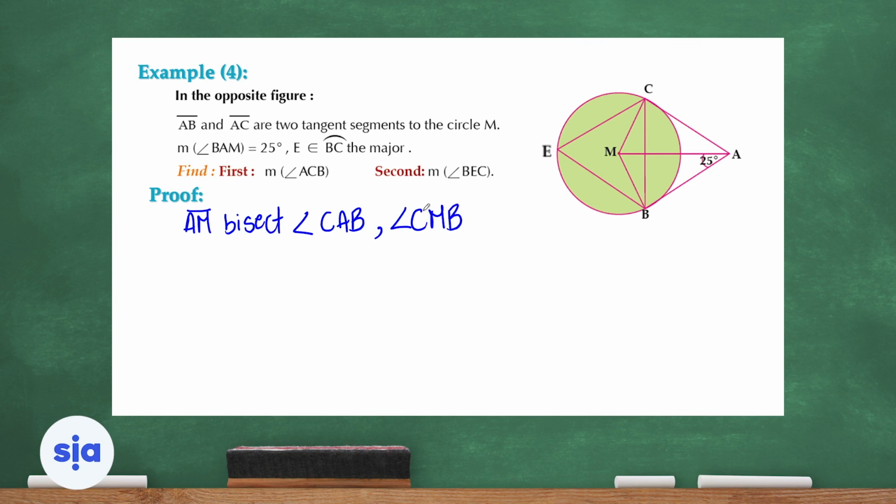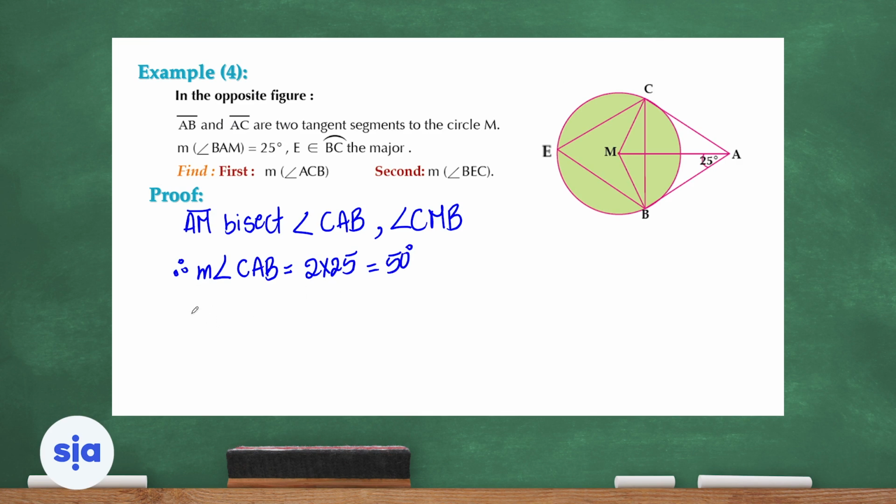So AM bisects 2 angles. Therefore, the measure of angle CAB equals 2 times 25, which is 50 degrees.